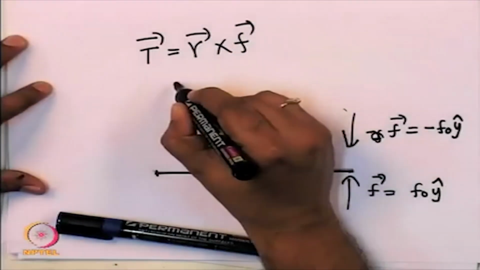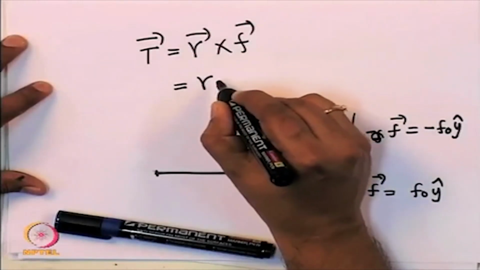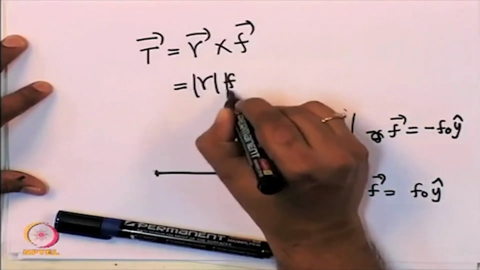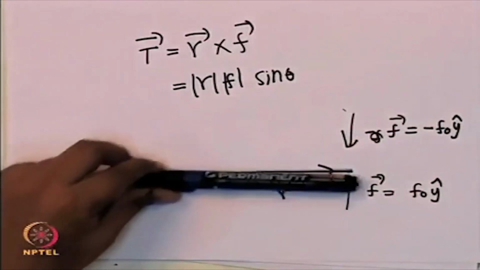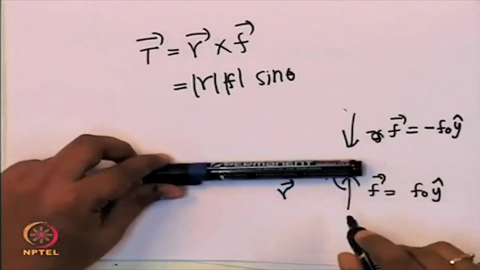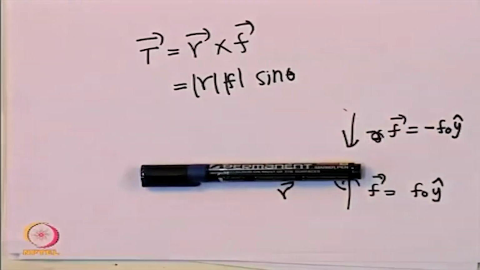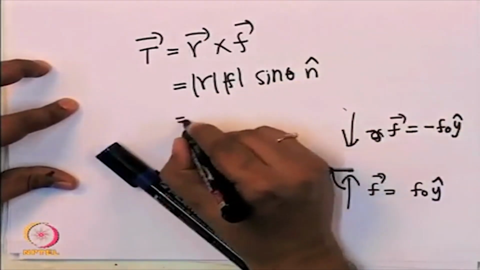So, we said that the magnitude is r f sin theta. We know that theta, which is this angle, is 90 degrees here. So, when theta is 90 degrees, sin theta is 1, so it is essentially r f, and there is a unit vector n.